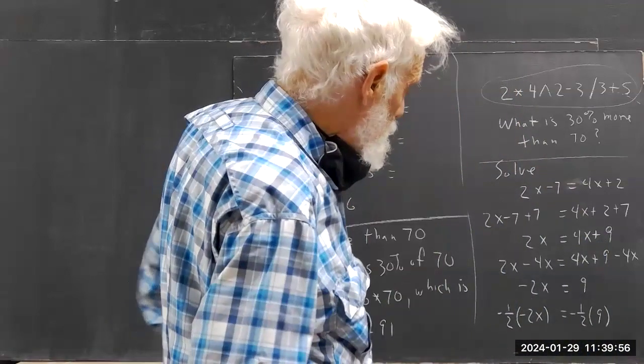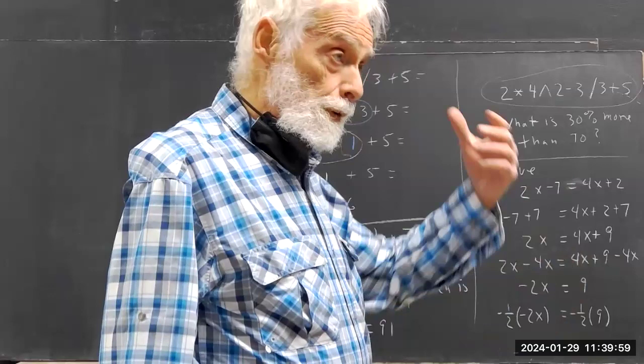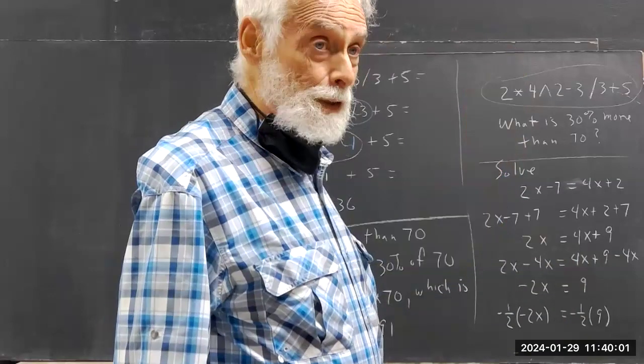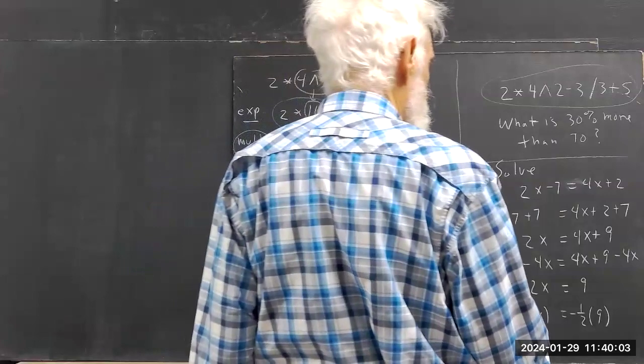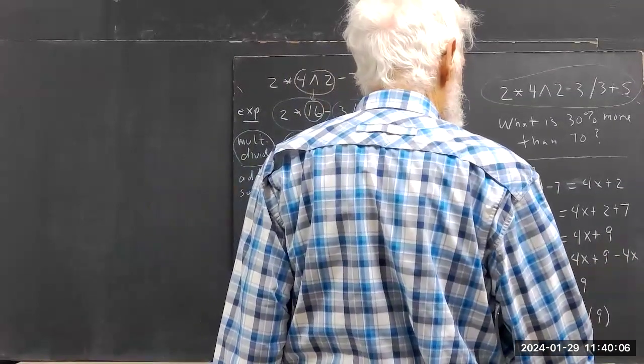Well, what's one half of two? Can you show me with your fingers what's half of two? One, right? And a negative times a negative is positive. So this is going to leave me with X.